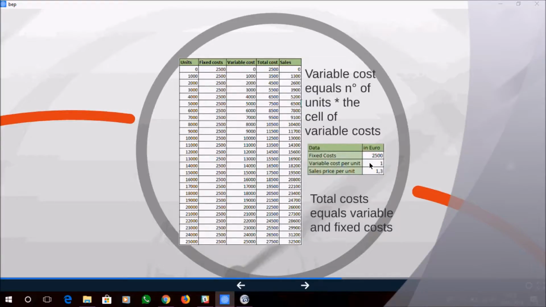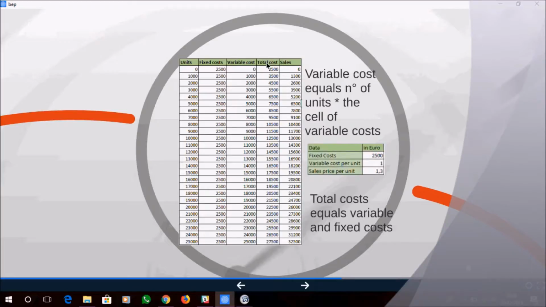We've decided that it is 1 in our case, so we just insert the formula. The first cell equals the units times 1, 0 times 1 is 0. The second cell equals 1,000 times 1, and so on. We just copy the formula to the end of the column.